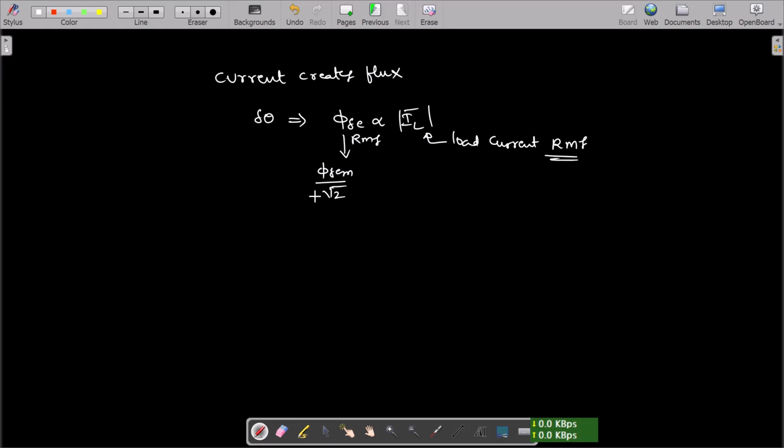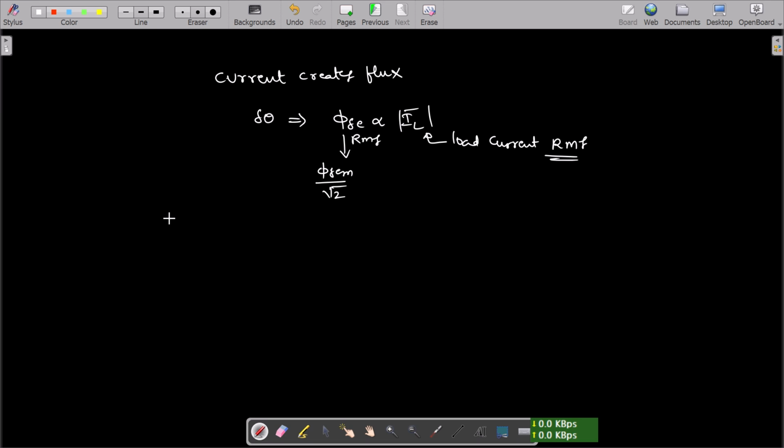Another is the series magnetic flux, also a time varying flux, proportional to the load current because it is connected in series with the load. Both fluxes link the aluminum disc, and phi SH is going to cut that disc.